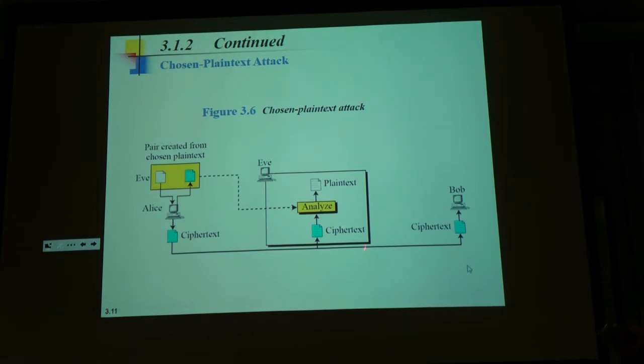It will get the plain text, and because Eve sent both the plain text and the ciphertext, she tries to read also the ciphertext from here. Okay, she tries now to analyze it further to find the plain text.